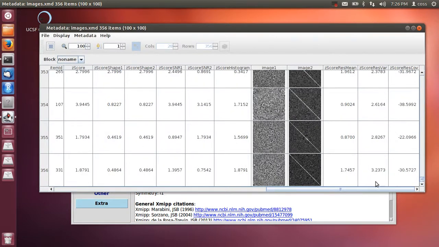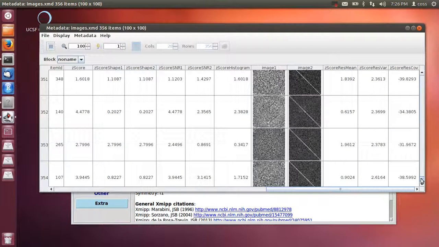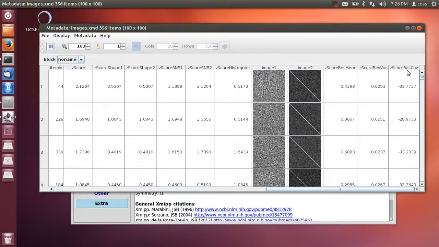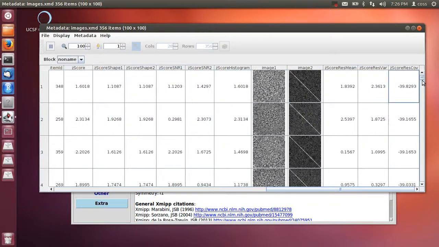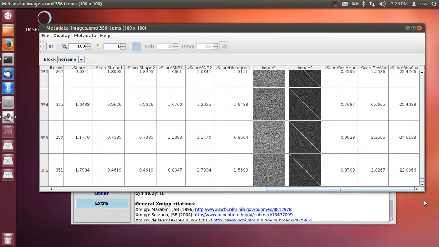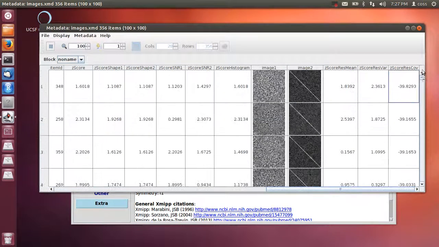Set scores around 3 are pretty standard, and larger set scores correspond to outliers. So normally 3 is a good cutoff point, and here it is the same. The larger the set score, the worse it is. Okay, so this number, the less negative it is, the worse it is.